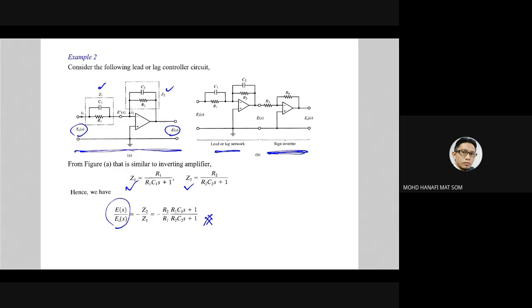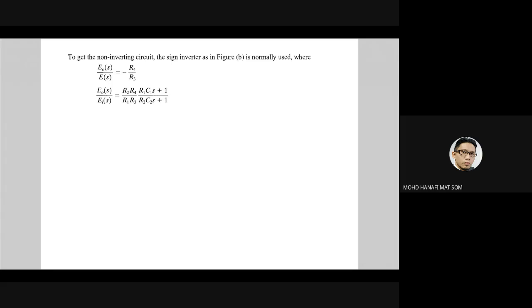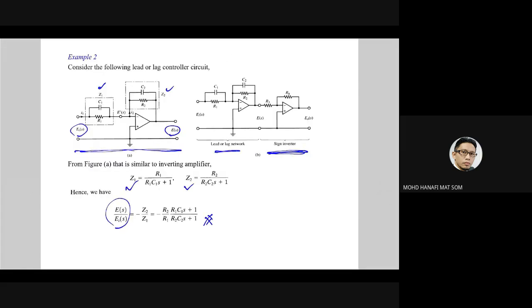Okay, and next we have another portion, E naught over E. This is the input to the next circuit, so the input to the next circuit is E and the output is E naught. So we can find the transfer function of all the circuits, E naught over EI.